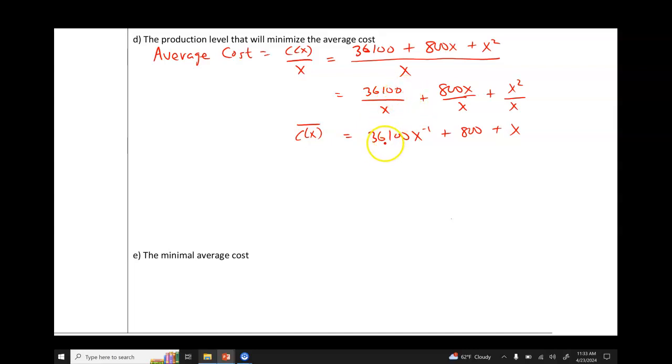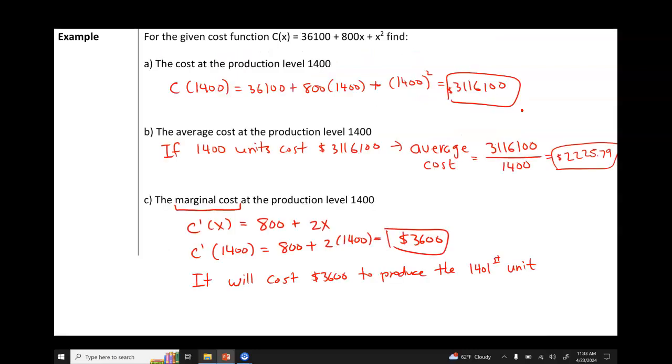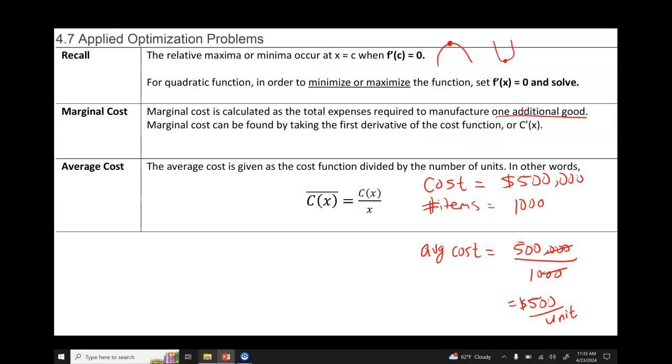So it's 36,100 x to the negative first plus 800, and then x squared over x is just going to be x. That is going to be the average cost. Now remember, to minimize or maximize any function, as we learned here, the maxima or the minima occur when the first derivative is equal to 0.